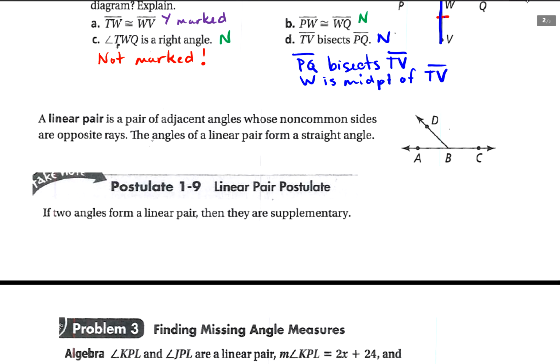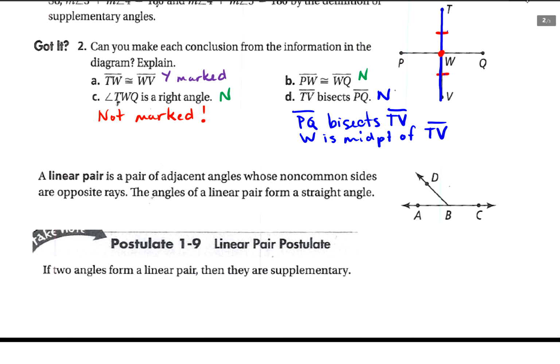All right, let's look at the bottom part here. These two things are huge. Okay, a definition here, linear pair. What does linear mean? Linear is just a line, right?